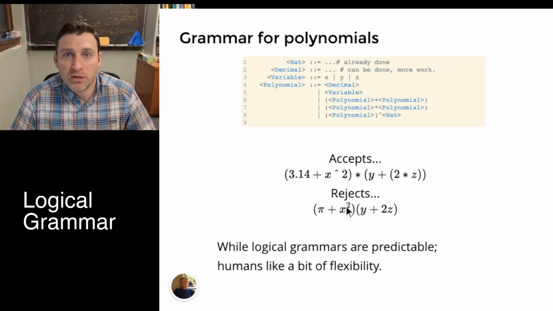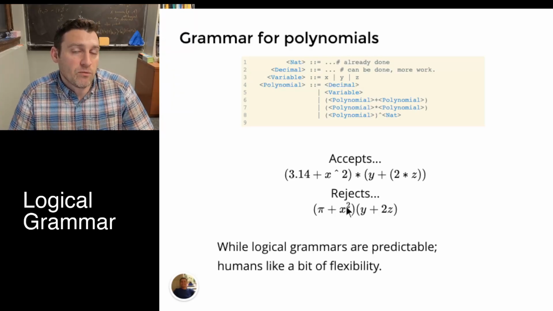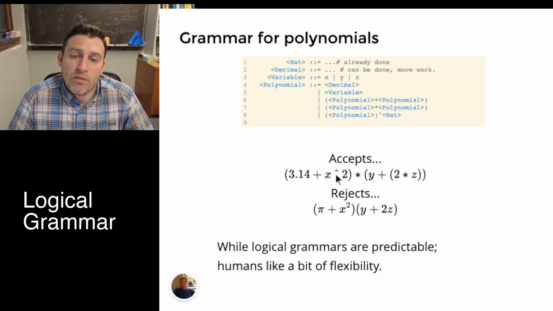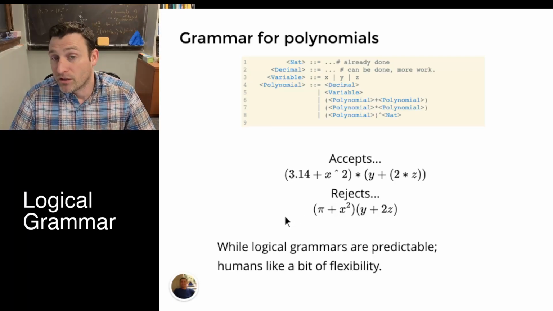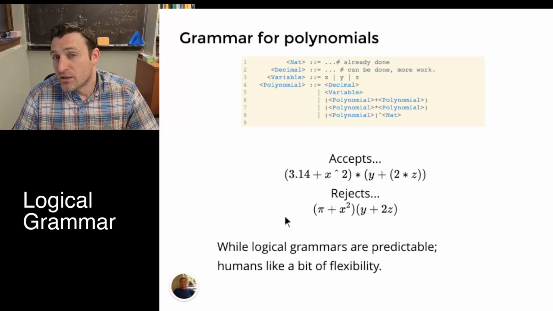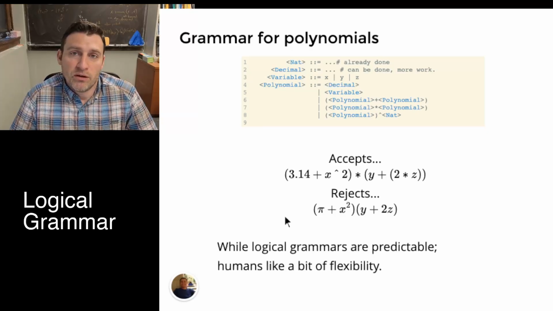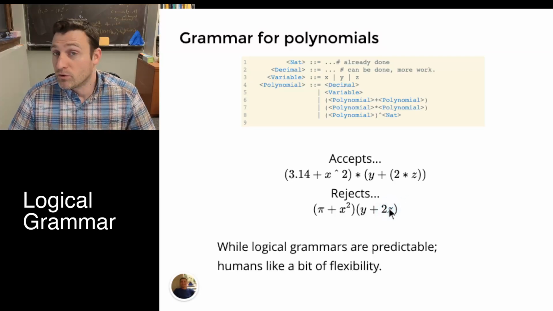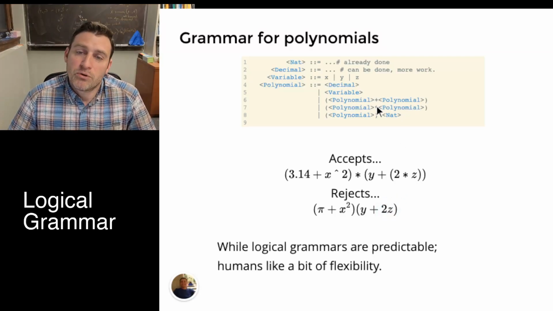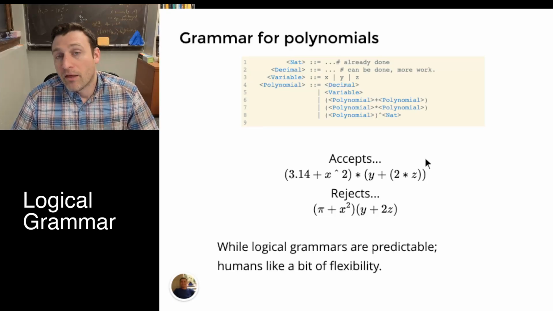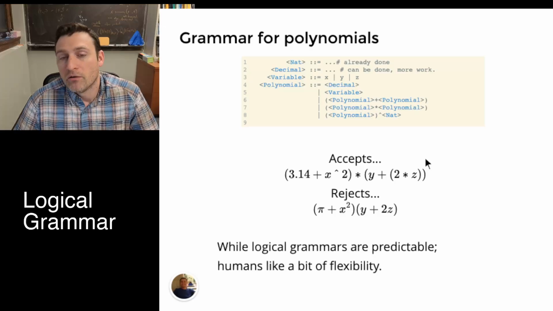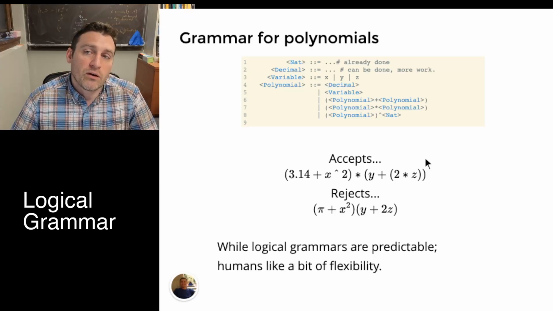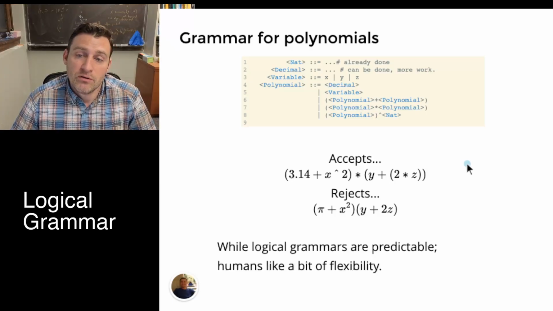This is simply because on a keyboard, I don't have easy ways to make exponents. So I want this to be accepted by, say, my calculator or computer. So I'm changing the way I might naturally do something as a human to write it for a computer. Likewise here, I'm not allowed to abbreviate 2 times z as 2z, which we might do amongst friends, but the computer will be hesitant to accept that. Now, there are ways to fix this, but this is just to point out that if you're trying to make something very clear, you might go for something slightly weaker than a human would ask between each other. Keep that in mind.